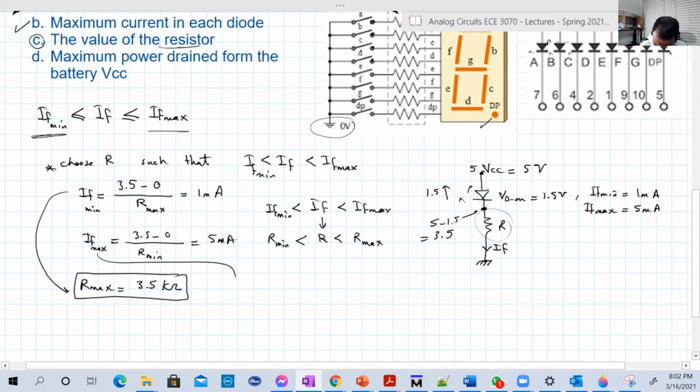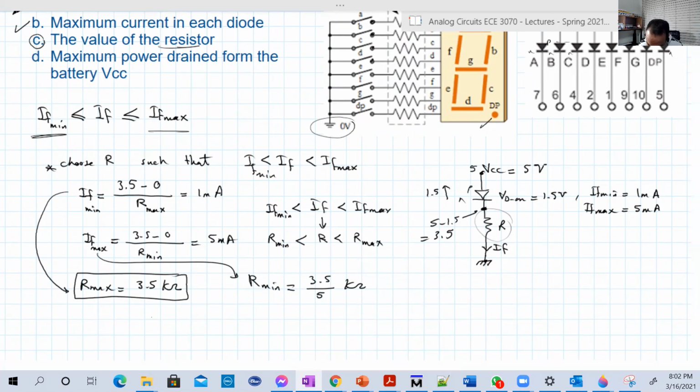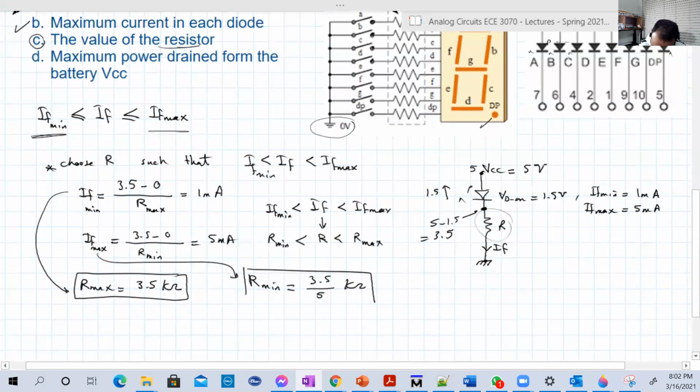And from here, we can determine R minimum. It would be 3.5 over 5 kilo ohm. Basically, it's less than 3.5 because it's divided by 5. It would be basically maybe 0.7.